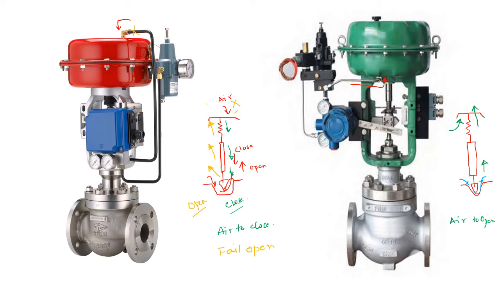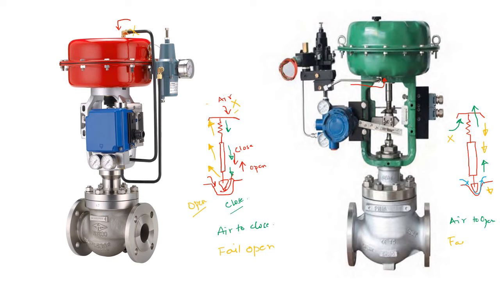Now, in this particular scenario, if the air got cut out, what will happen? The spring will go back to its original position, which is downward, which will further push the stem downwards, and the plug will become much closer to the seat, or almost get seated on the seat, right?